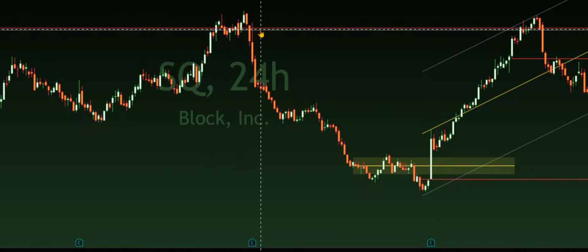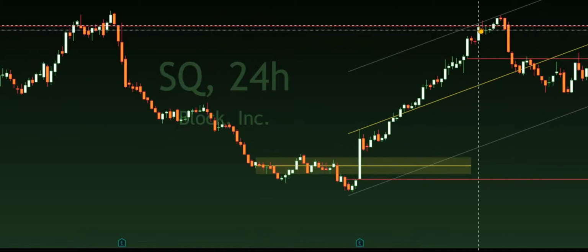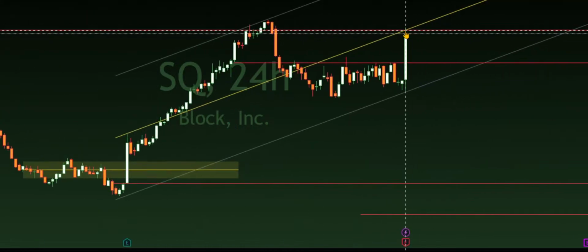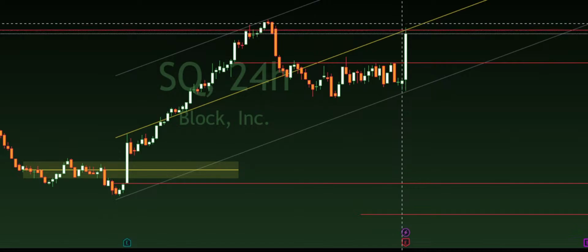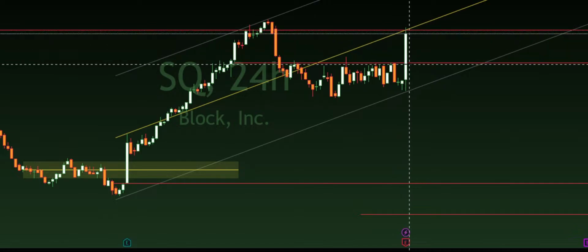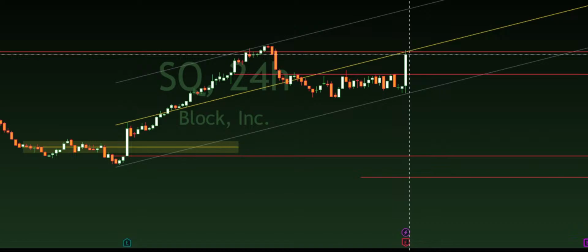Look at this like universal wall. So the game now begins. This and this. Gap up above this, I'm long. We're going to the 90s. Yes.